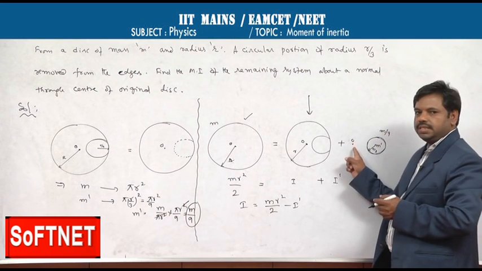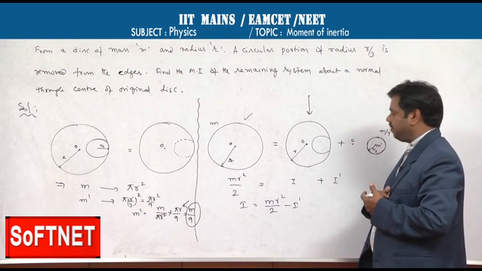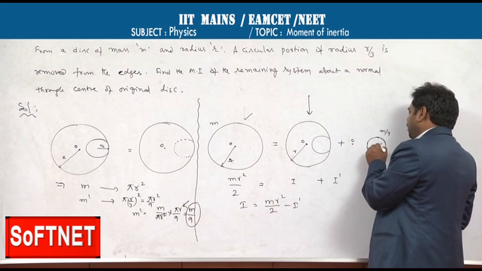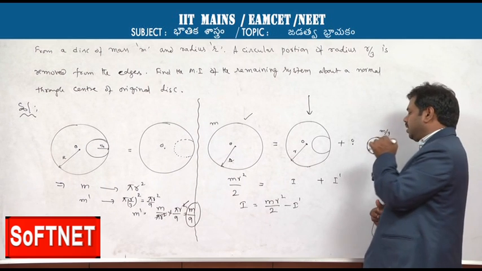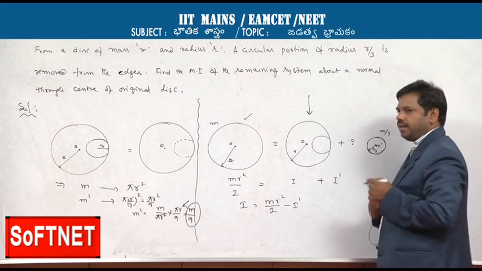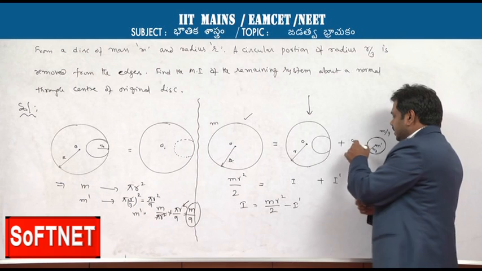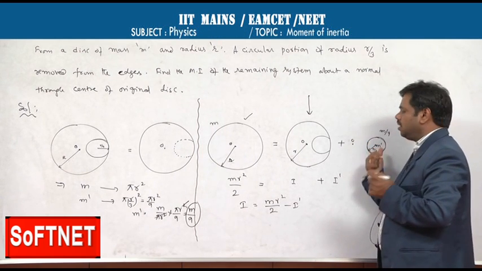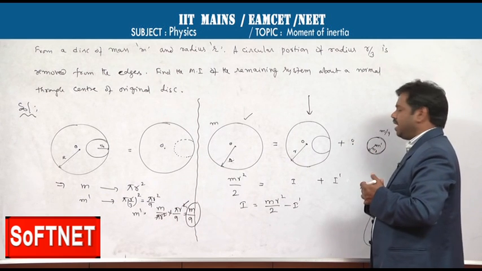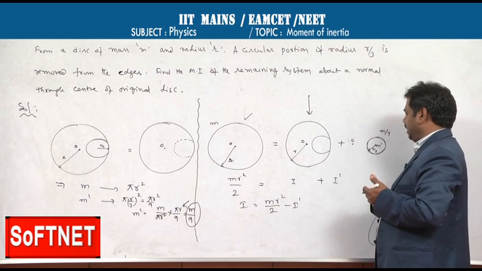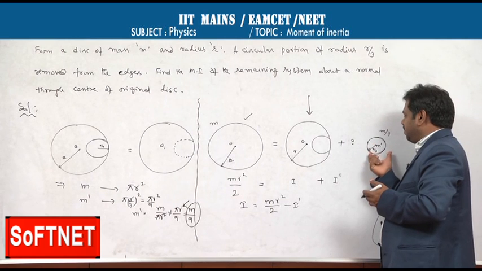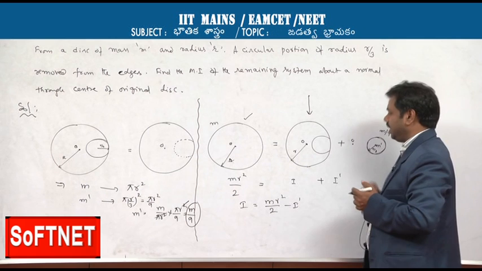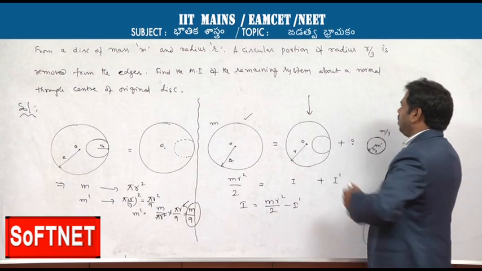Now with respect to this axis, what will become the moment of inertia? Very simple. For a disk about an axis passing through the center and normal to the plane, already we know the value. Now this axis simply will become a parallel axis to that axis. So by applying the parallel axis theorem, we can find out the moment of inertia of this removed part about this axis, that is the value of I dash. Let me write the value of I dash here.